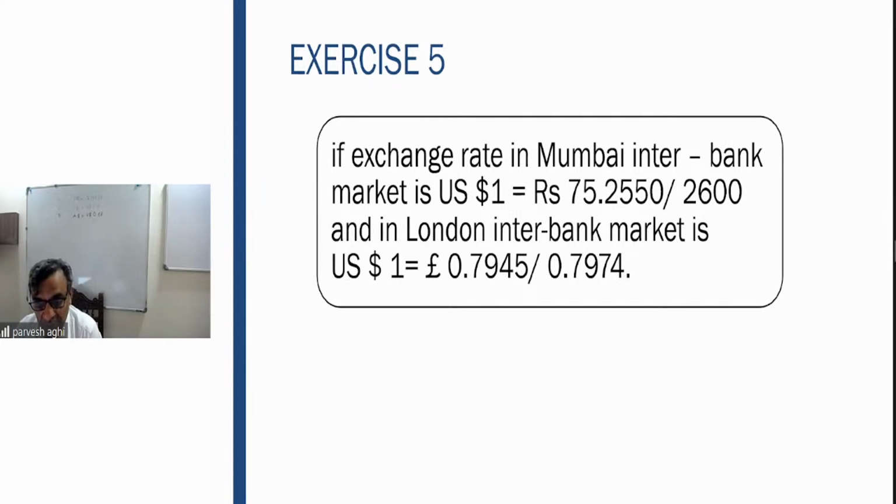Now this is actually dollar in pound terms, so we have to convert it in dollar terms. So this quote needs to be converted by taking the reciprocal. So bid will become ask and ask will become bid. So it will be 75.2600 divided by 0.7945.